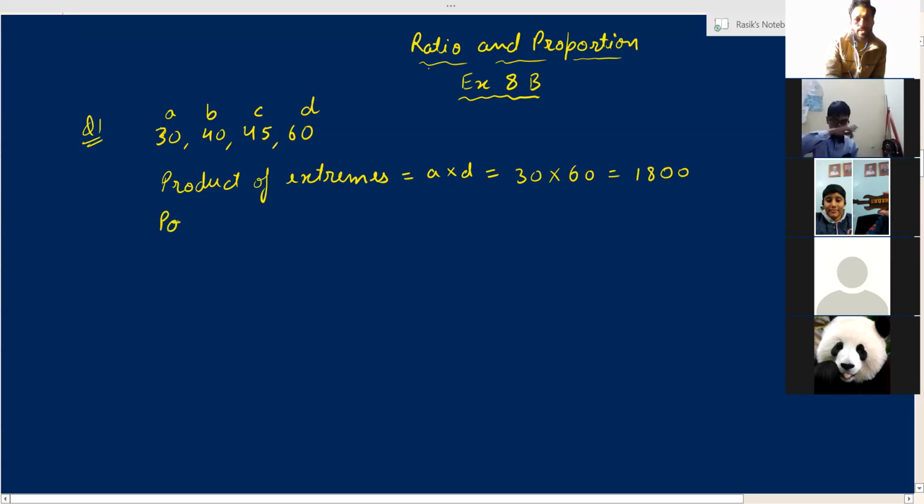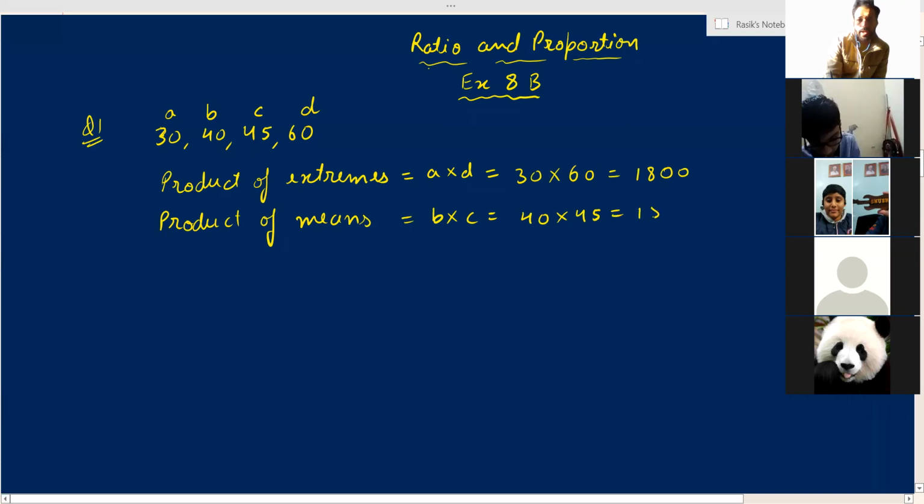Now the product of means. Let's find out the product of means, B into C. So we check 40 into 45. Is the product coming 1800? Yes, this is also 1800.